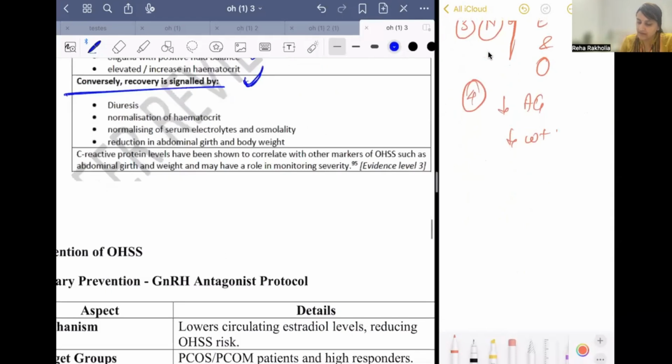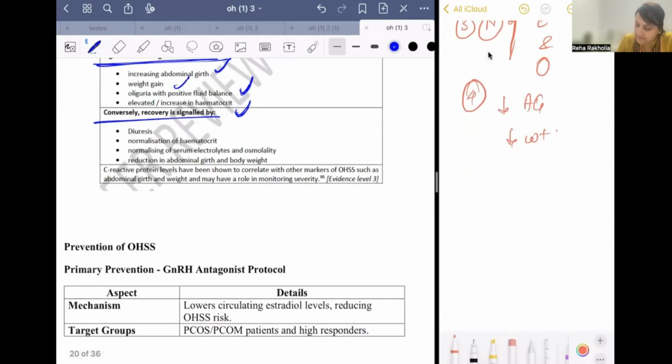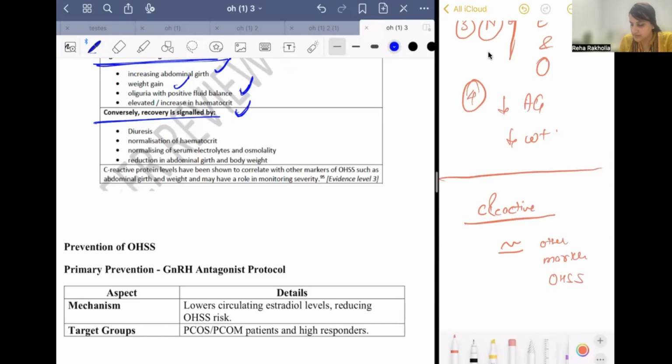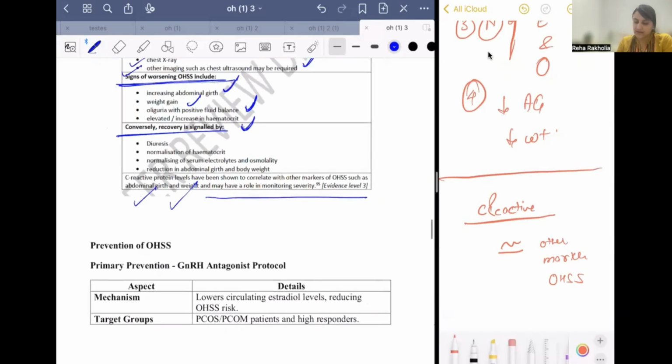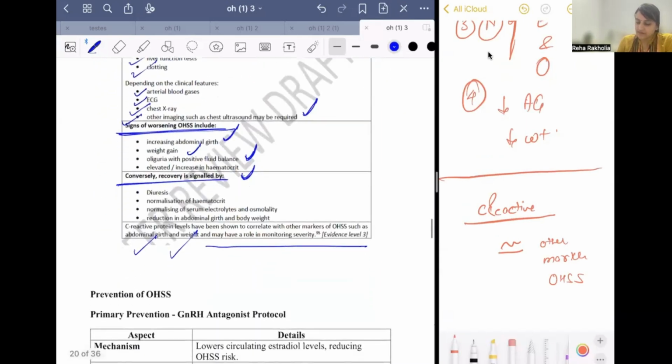C-reactive protein has been shown to correlate with other biomarkers of OHSS, such as abdominal girth and weight, and may have a role in monitoring severity. This is given in RCOG. All of this we are talking about is from the RCOG 2024 review draft.